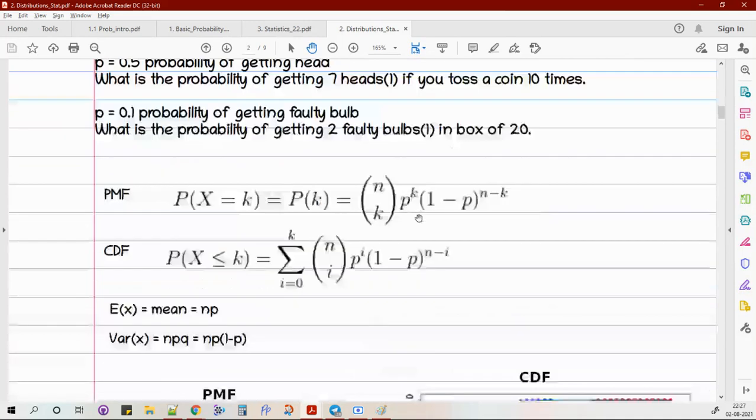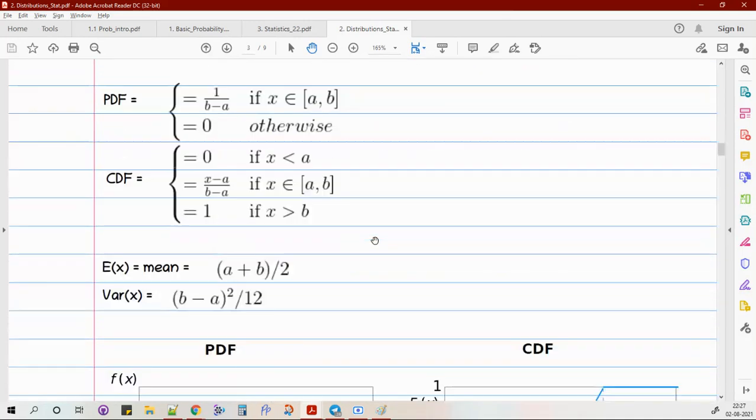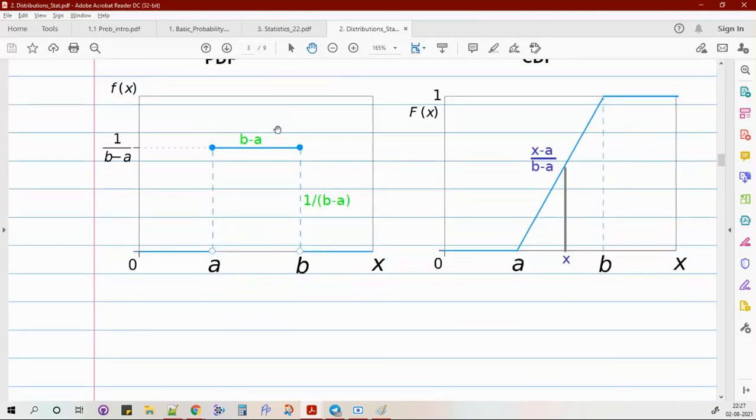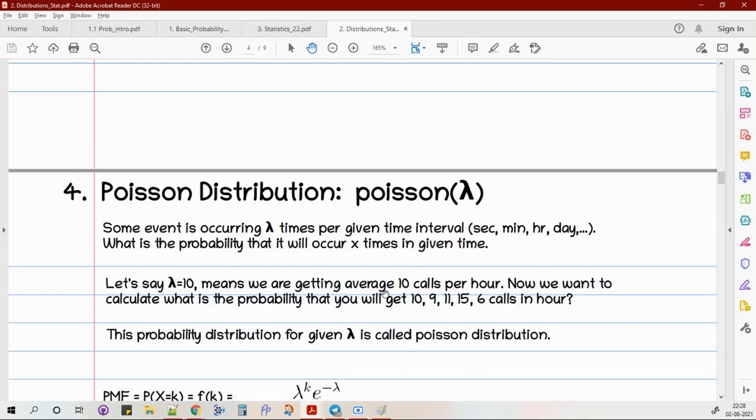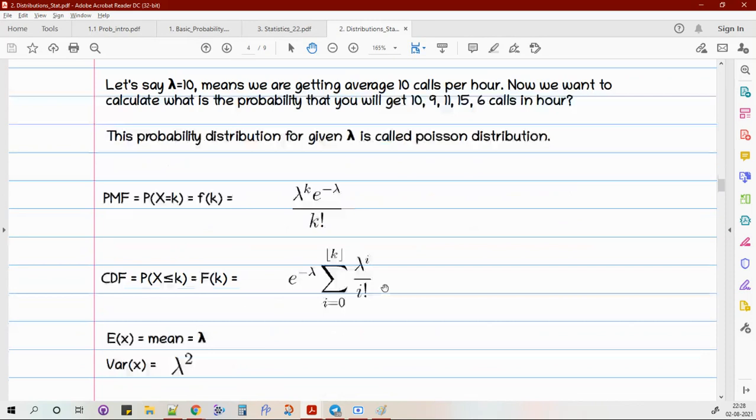So they were observing it and making a graph: what is the probability of getting this time interval between the first bomb and the next bomb? If they throw a bomb at 2 p.m., what is the probability that I will get the next jet plane by 3 p.m.? All that they formulated, and all this formula is derived. How cool it is, right?